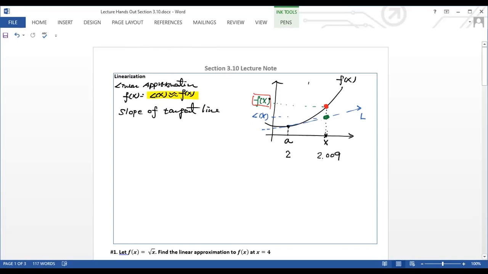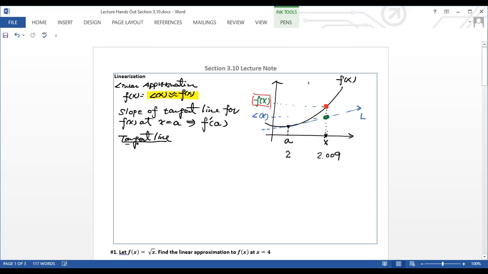The slope of the tangent line for f of x at x equals a, as we have done many times, is f prime of a. And then we want to find the tangent line.